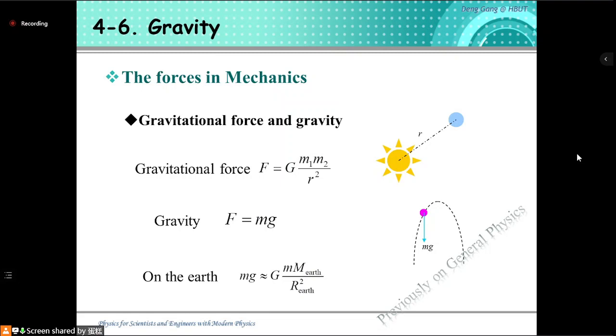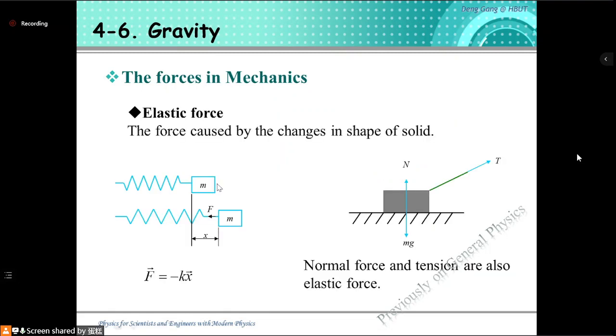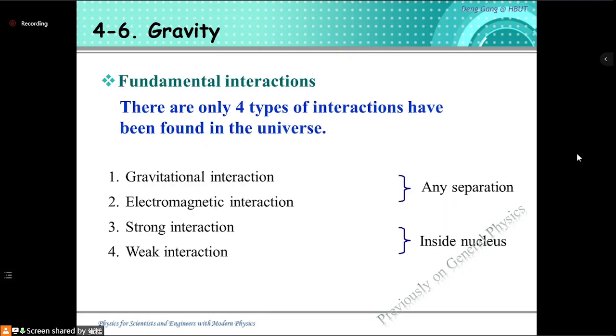The elastic force is caused by the change in shape of a solid. And actually, in fundamental physics, we have only 4 types of forces.